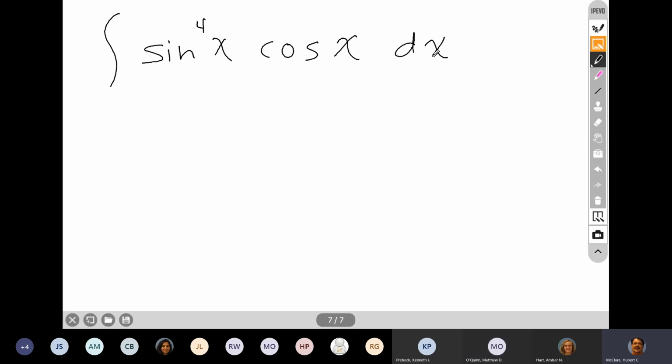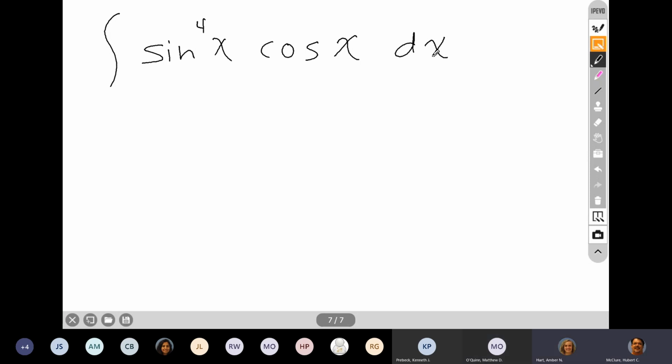You're going to see more of these in second calculus. Anybody have any idea what I'm going to make u equal? The higher power, but I'm not going to make it sine 4x. I'm just going to make it sine of x. Because what is the derivative of the sine of x?